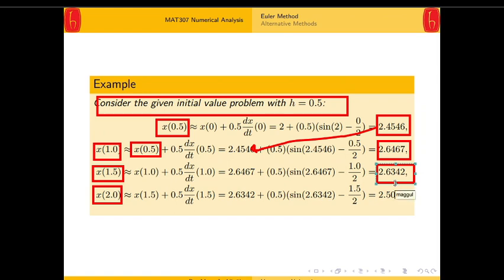Lastly we can use this outcome to obtain an approximation to x of 2, and it will be equal to that. So this is the idea, and this is an example of solving ODEs, initial value problems, numerically.